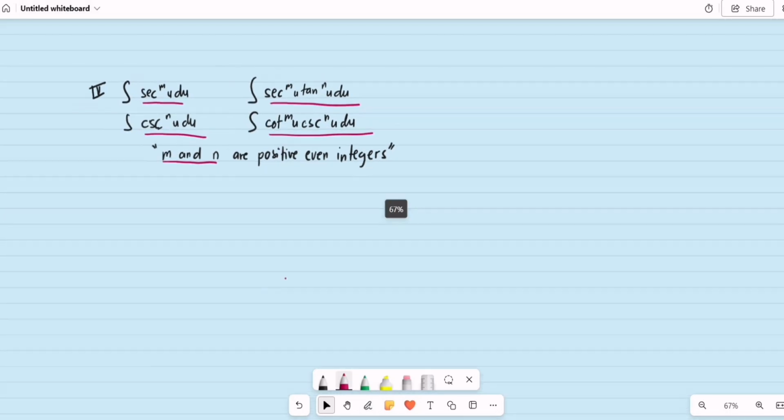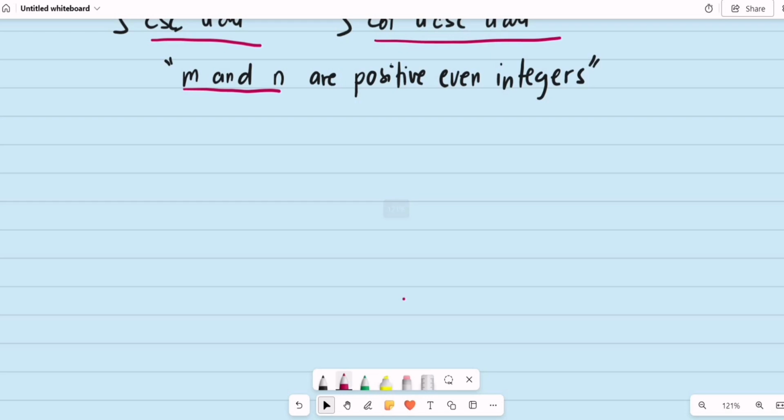So let's have our example. For example, let us evaluate the integral of tangent x raised to 5, secant x raised to 4 dx.